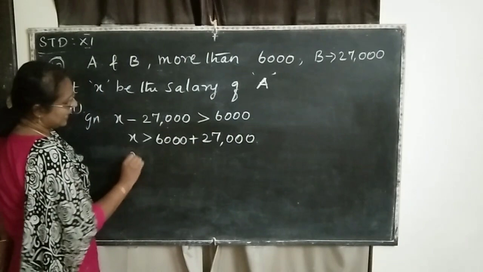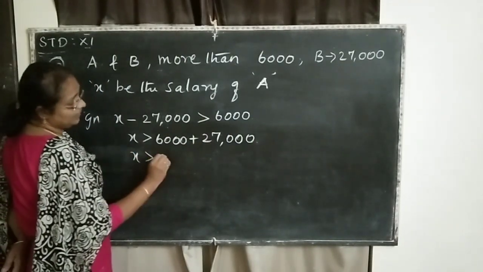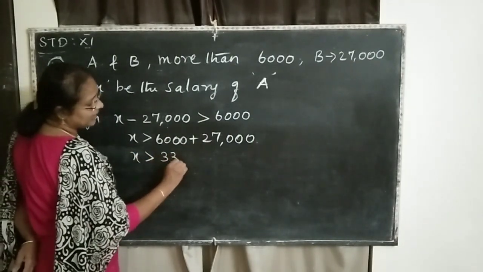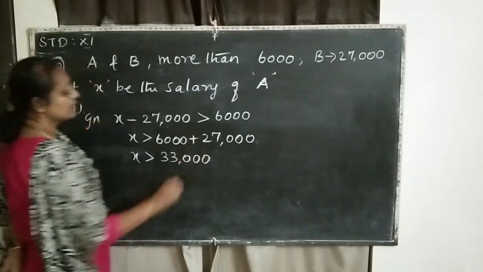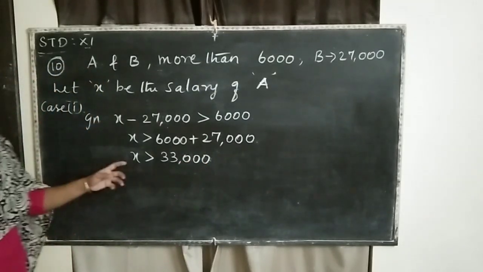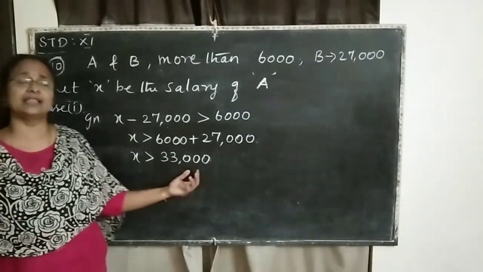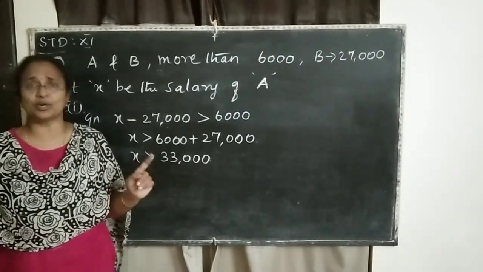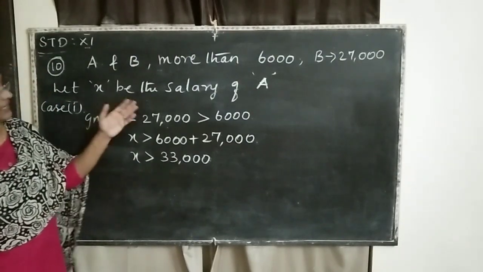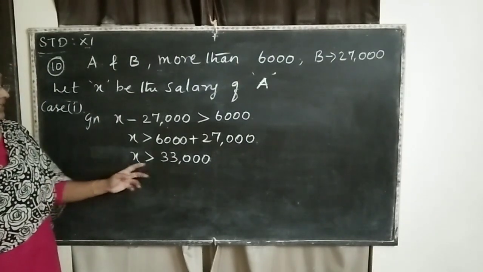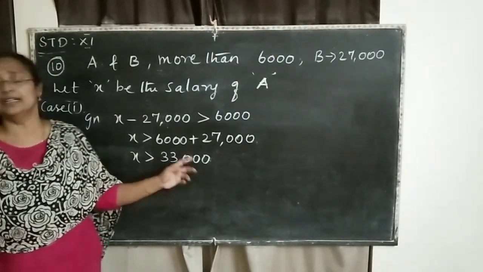X takes the value greater than 33,000. So in the first case, A's salary is greater than 33,000. There is one possibility: the person A receives a salary greater than 33,000.